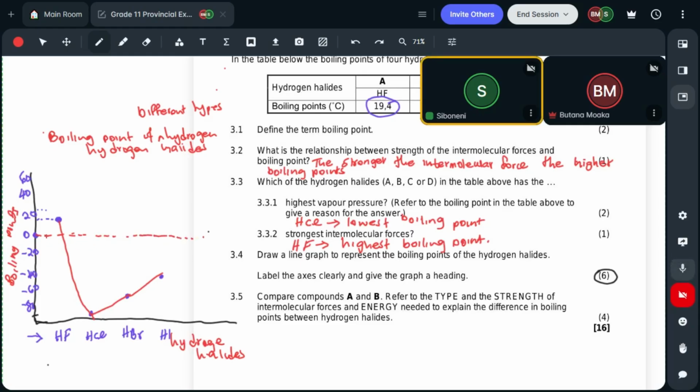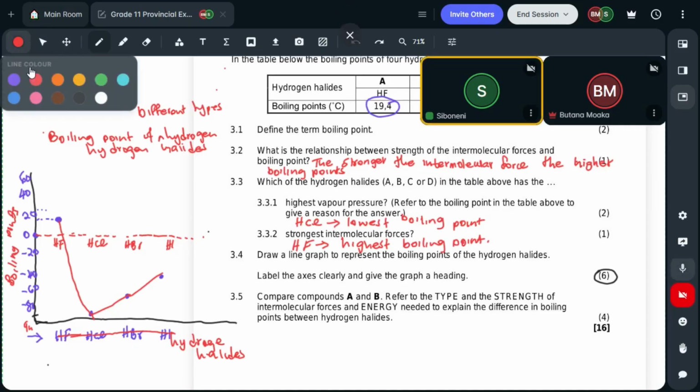This should be HF, and then this should be HCl. Why don't we name them down there? When we put it down there, it doesn't make any sense, because remember, we still have minus 90 going down. So to be on the safe side, just put them on that part. You understand? Okay. Right.